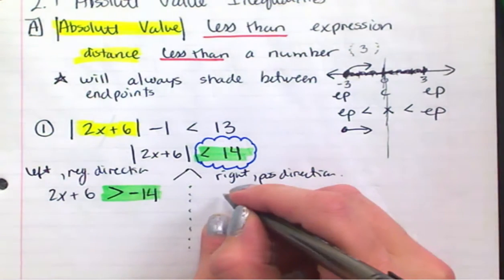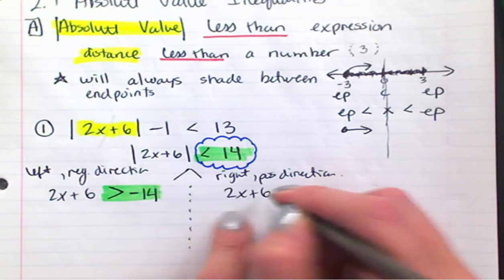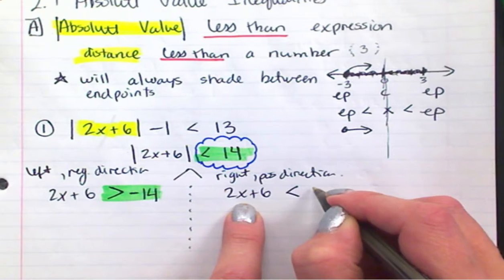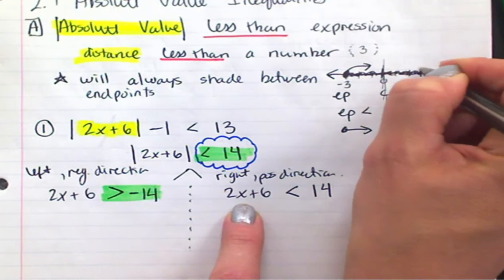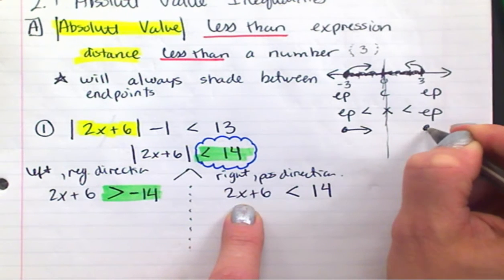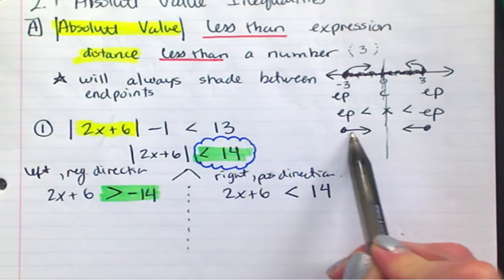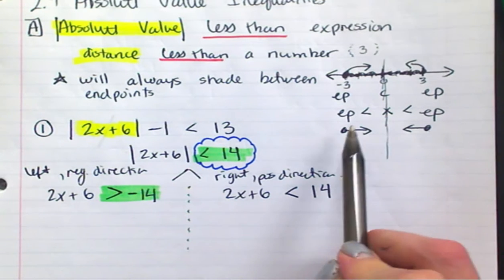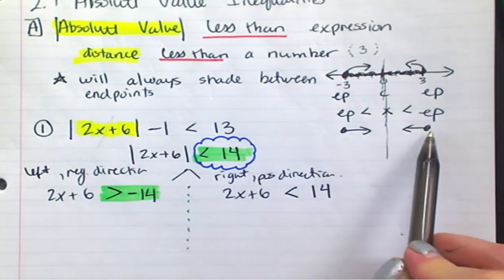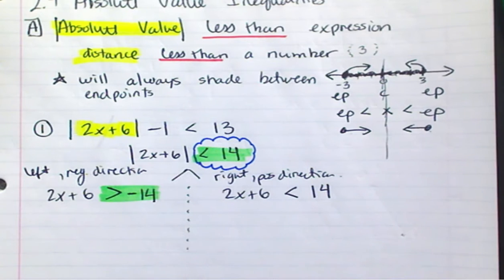Okay, the positive side. I need the distances to go to the left of the positive direction. Look at my setup. There's my graph. These are the two inequalities I need. I need the left side to be greater. I need this side to be less than.